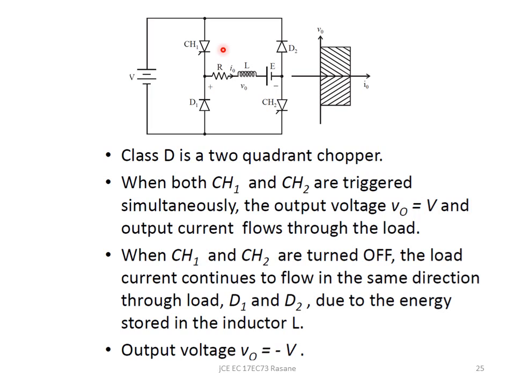V naught is equal to V, as I explained earlier, when CH1 and CH2 conduct, and when D1 and D2 conduct, output is equal to minus V. Okay, and the current direction will not change. When these two are conducting, current will be in this fashion. When these two are conducting, current will remain in the same direction. Okay, so only the voltage will be changing.